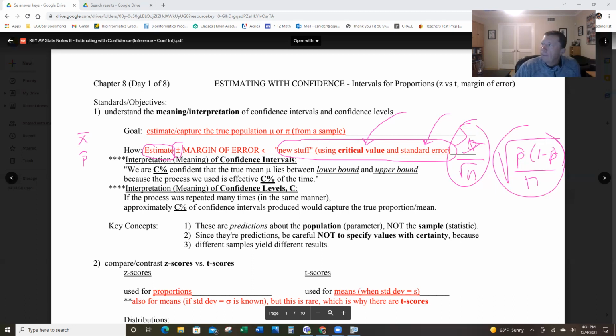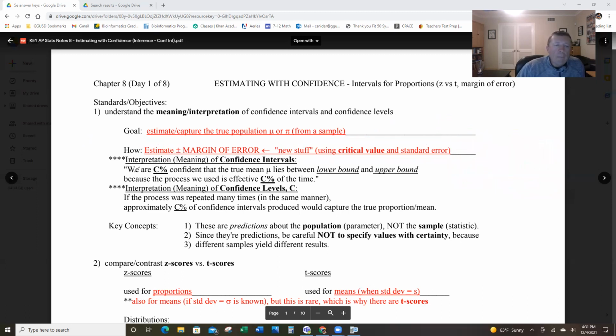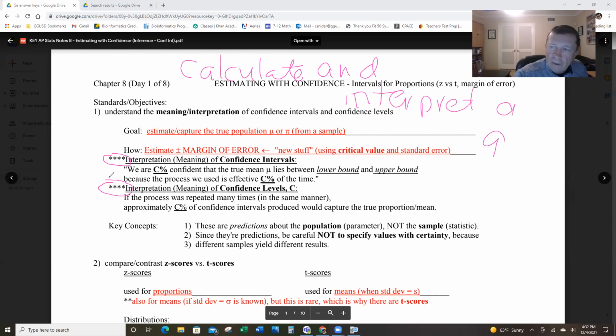All right, so let me clear that. I have put 4 stars by these because you're going to have to memorize these sentence frames because they do happen. The typical question you get for confidence intervals is they'll ask you to, you may want to write this down, calculate and interpret a 95% CI, confidence interval, and then they'll have the prompt.